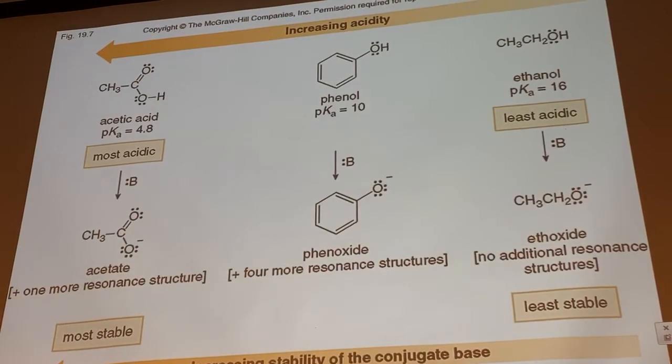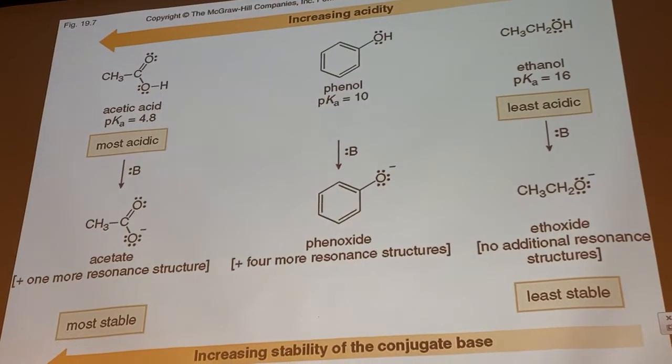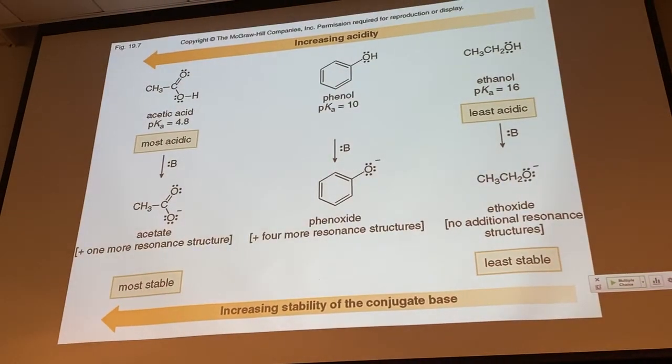We have another figure here that summarizes these 3 compounds. And it points out that it doesn't matter if you say 3 or 4 here. We know that we can draw more resonance structures of phenoxide than we can of acetate. So it's not the number of resonance structures you can draw, it's whether you have major contributors or equal contributors that determines the degree of stabilization you will get from resonance.